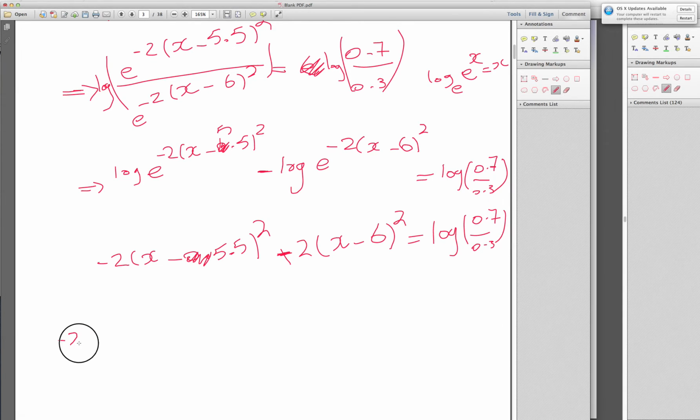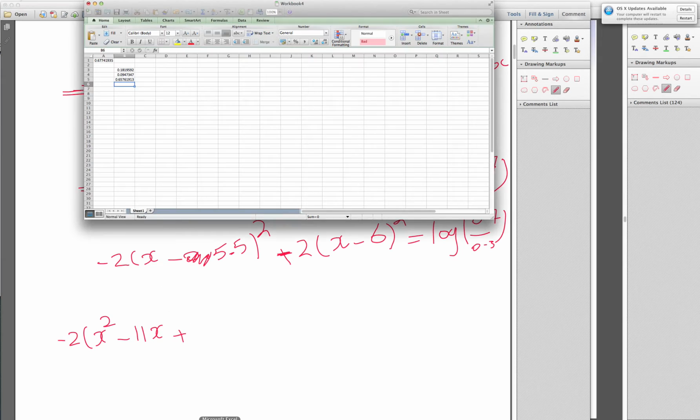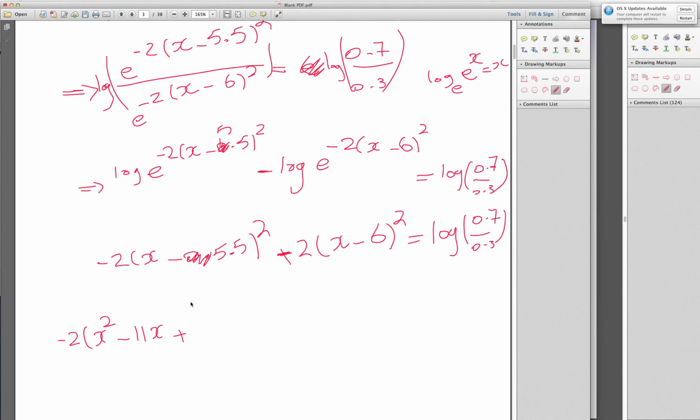So we have minus 2 times x squared minus 11x plus 5.5 squared, which I need to find out. So 5.5 squared is 30.25. 30.25 plus 2 times x squared minus 12x plus 36 is equal to log 0.7 divided by 0.3.